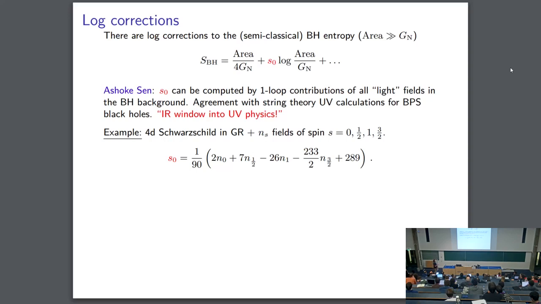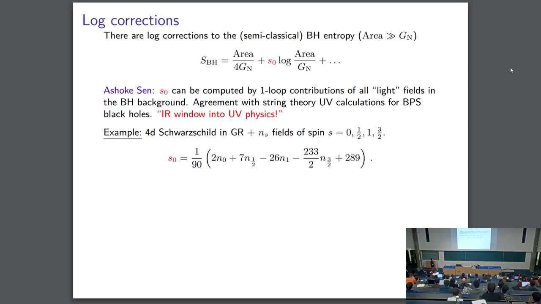And here I'm giving you this as 0 for the Schwarzschild asymptotically flat solution, where your EFT is GR plus N_S fields, minimally coupled, of spin S, up to 3/2. And this answer, as you see here, is again some simple rational number.